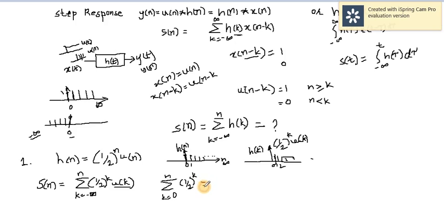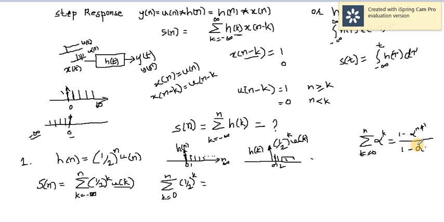Now to solve this, we know that the summation, for any variable, let's say k, from k equal to 0 to n of alpha raised to k, we have already used it in convolution. It is 1 minus alpha raised to n plus 1 divided by 1 minus alpha.